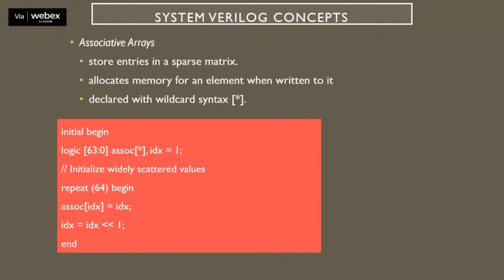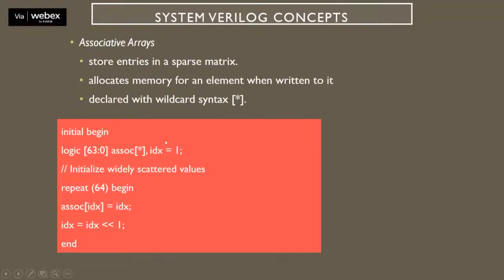And how do we declare it? You declare it with the value type, then square brackets with a star in them. So you have logic 64 bits that is required over here, star, and you have an IDX as a variable which is set to value 1. So how are we going to initialize it? Since you are going to repeat 64 times, repeat begin.